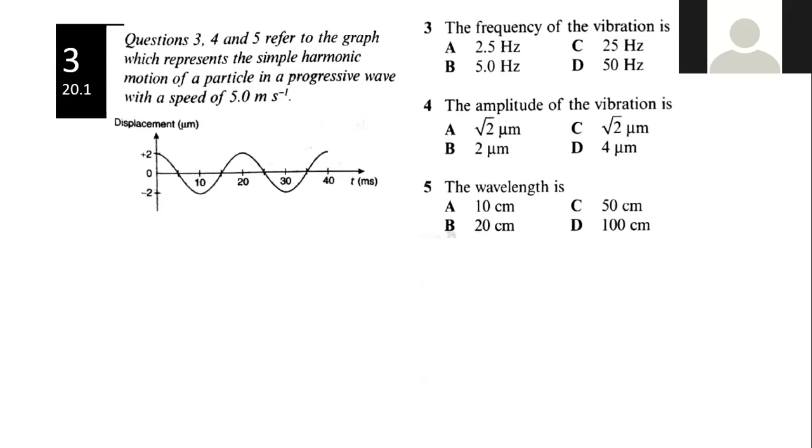Okay. Number 3, 4, 5. Refer to the graph which represents the simple harmonic motion of a particle in a progressive wave with speed 5.0. What is the frequency of vibration? Yep. How to calculate frequency?